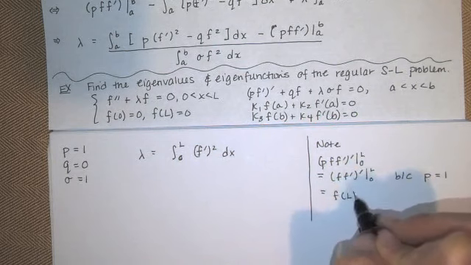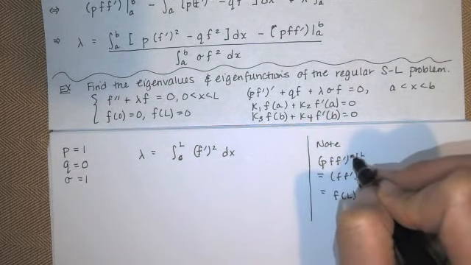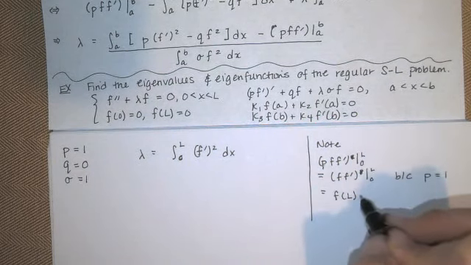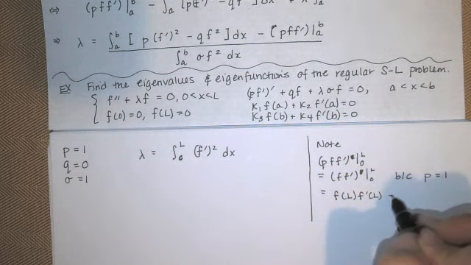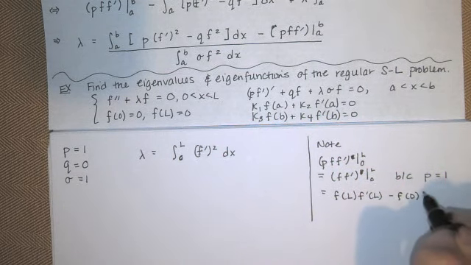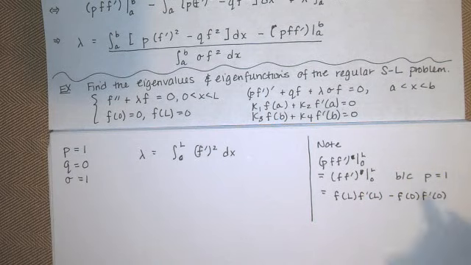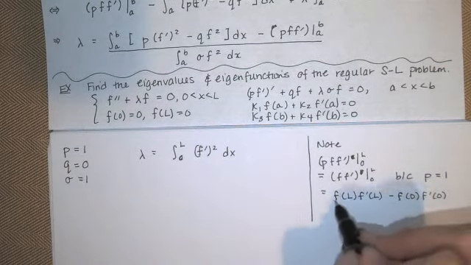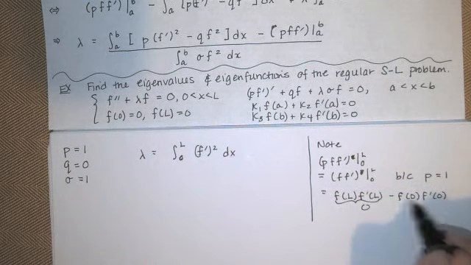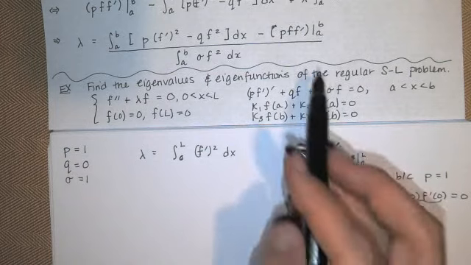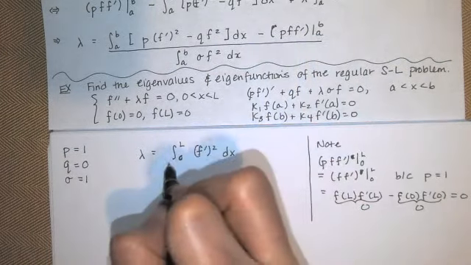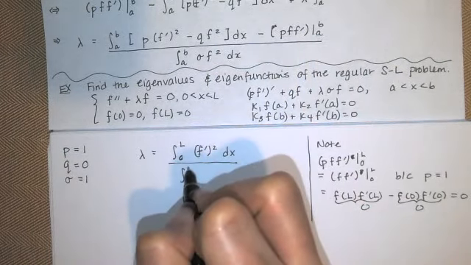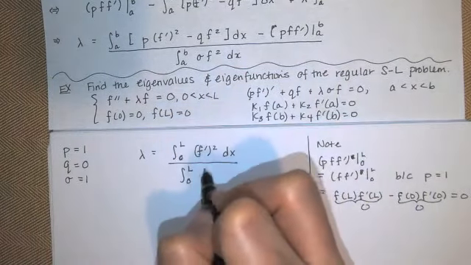So we're going to have f of L times f prime of L minus f of 0 times f prime of 0. And because of our boundary conditions, I've got 0 times something, which is 0, and then 0 times something else, which is 0. So that piece is 0. So this piece is gone. And then in the denominator, we'll have the integral from 0 to L of 1 times f squared.